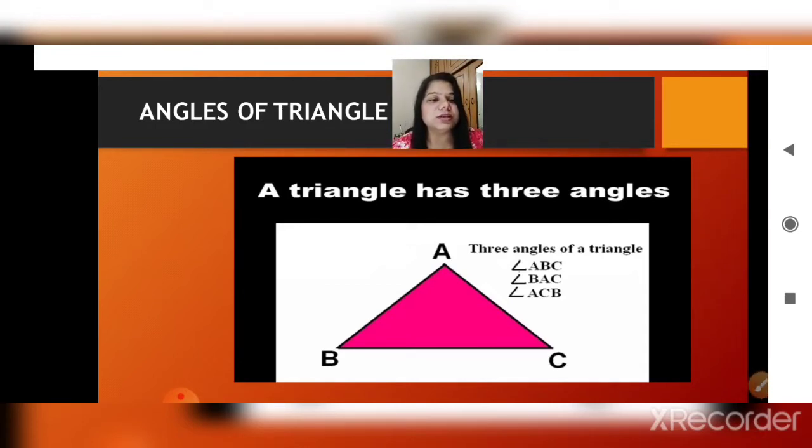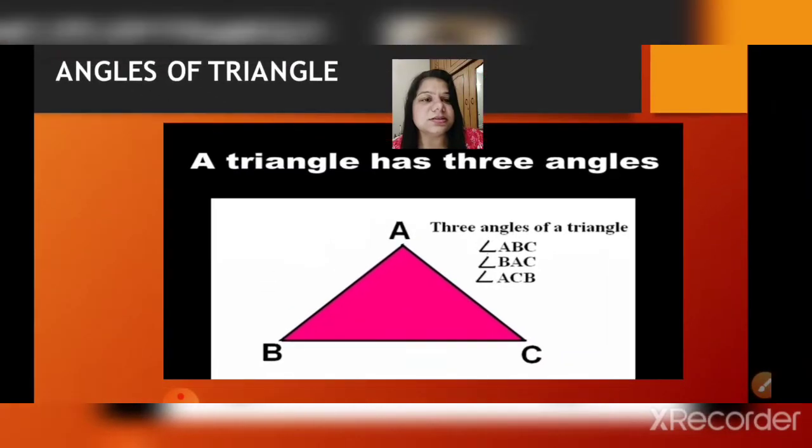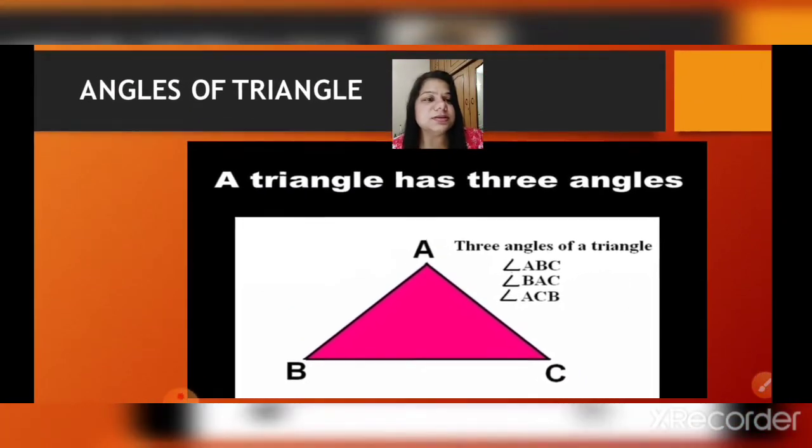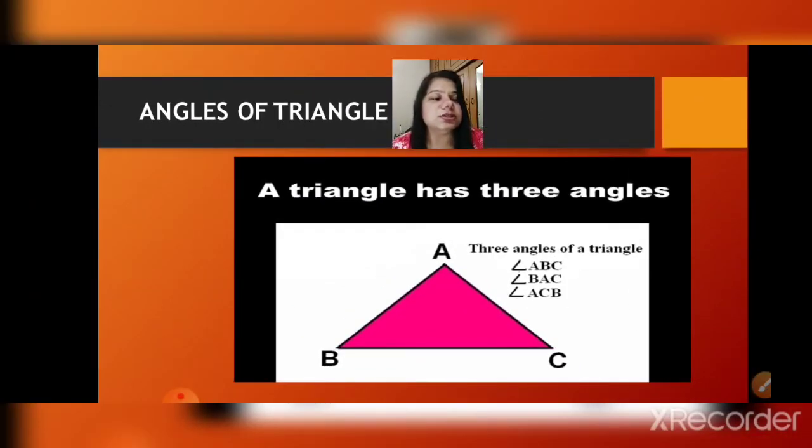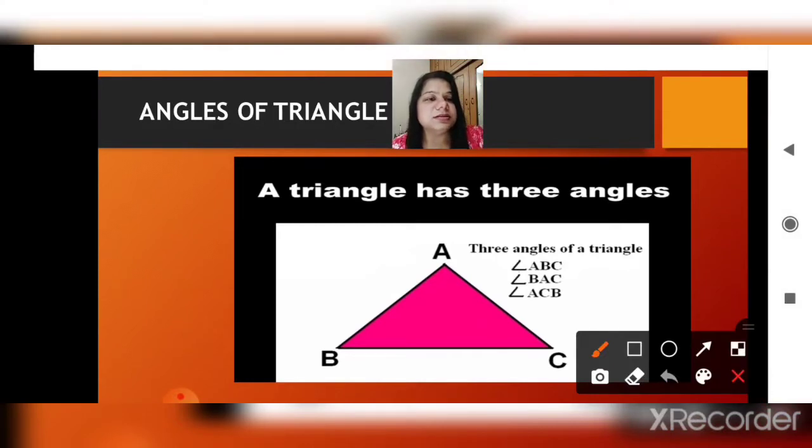So just check what is the angle ABC. Here this is the angle ABC. Okay, and what is the angle BAC? This was the angle ABC. This is the angle BAC. A is written in the middle, so this is the angle BAC, and here it is the angle ACB, right?